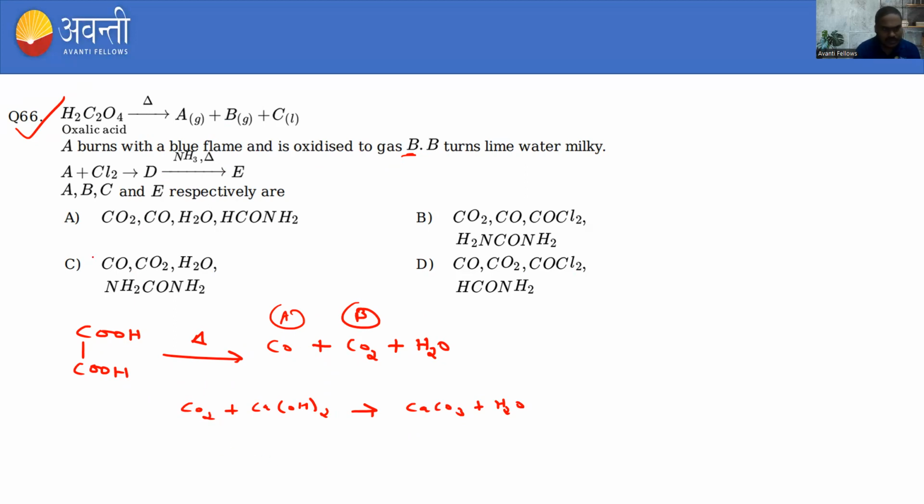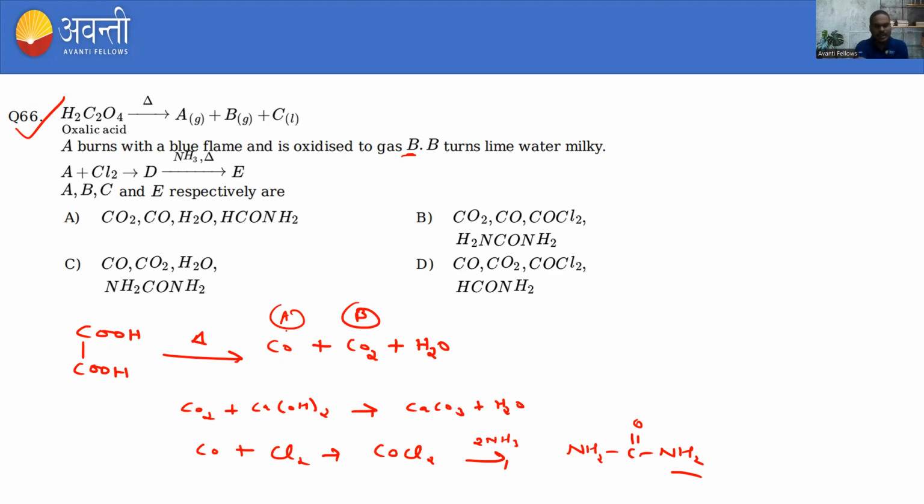Now, when the A reacts with Cl2, that is when the CO reacts with Cl2, they will form basically COCl2, which on further reaction with NH3, they will form NH2CONH2, right? That is urea, right?